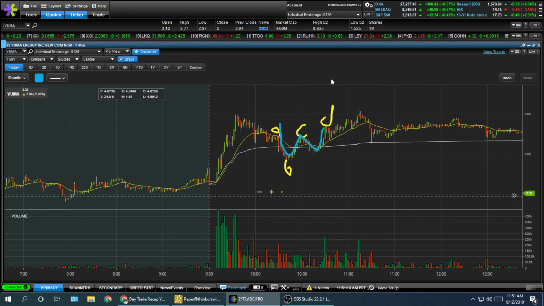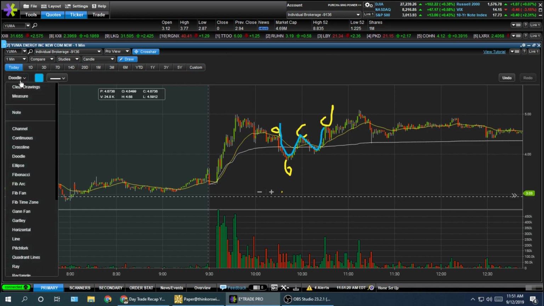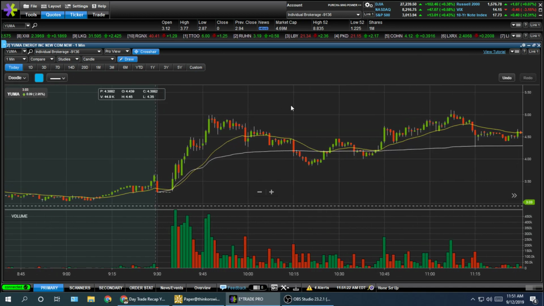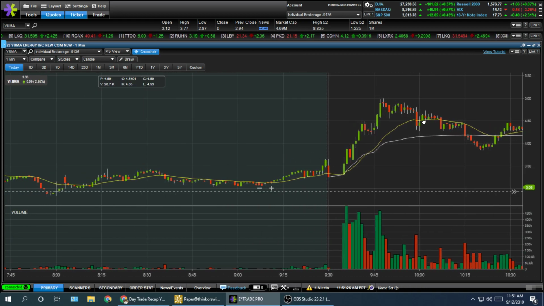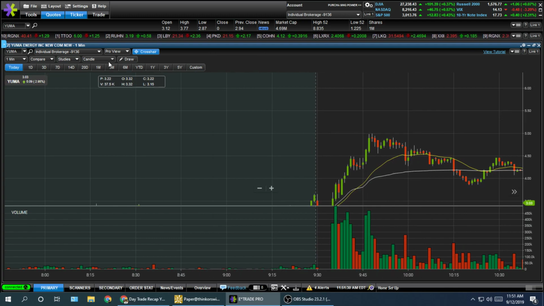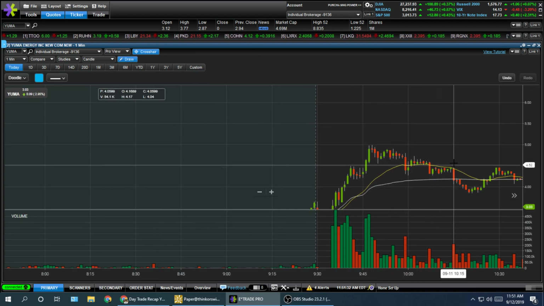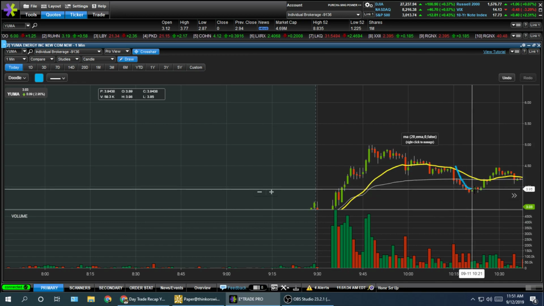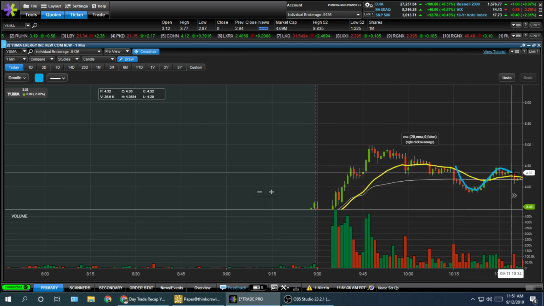So there's the W, and identifying it real time, because let's say we pull this chart back a bit, and we're coming up like this. So we're at the point where the stock pulled back, did a slight red to green, and it's pulling back again.